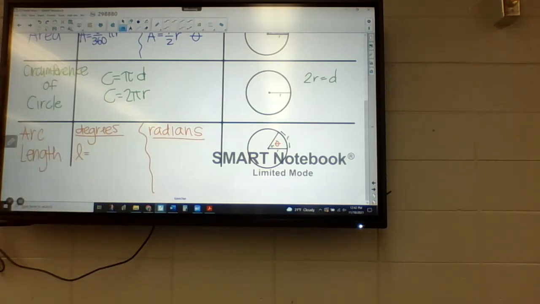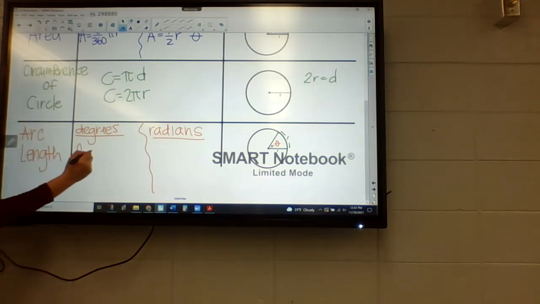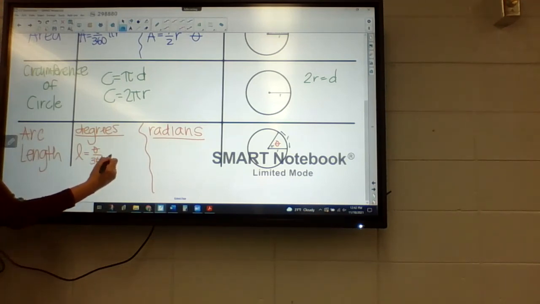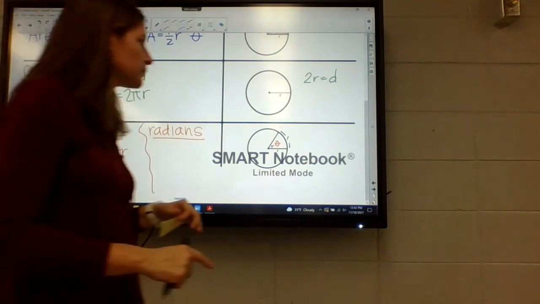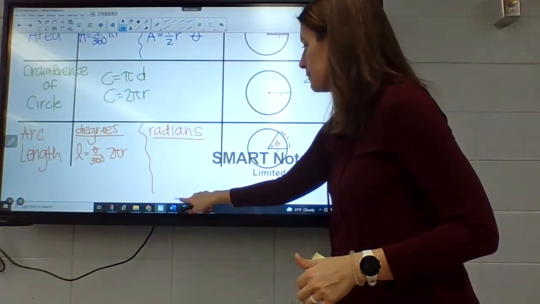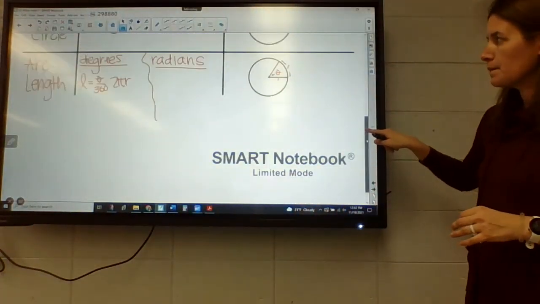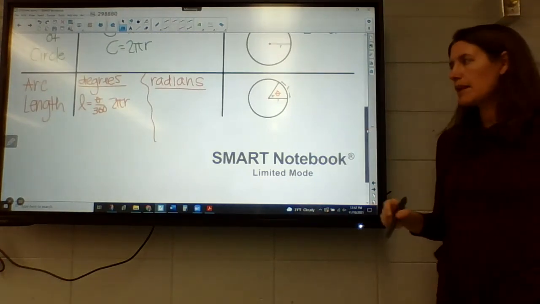So again, just like we did with our area, we took the theta divided by 360, times 2 pi r, so times the circumference. So this is the time we like radians.